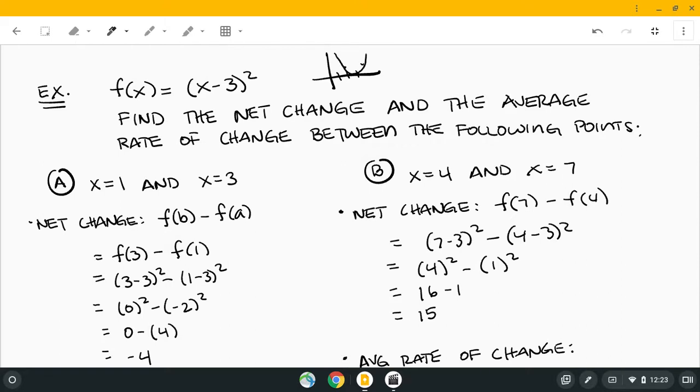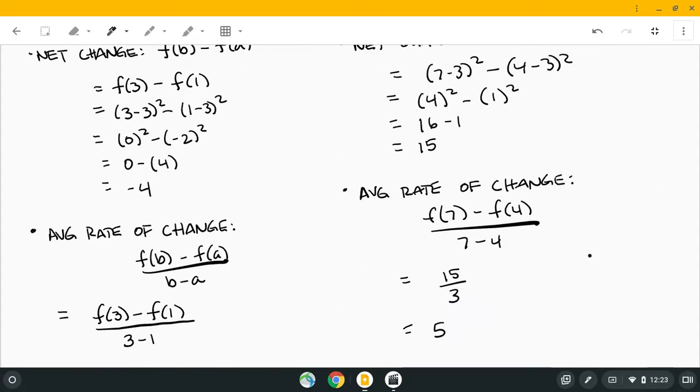And so you can see that, yes, it is decreasing over here and it's increasing over here. And so that's why between 1 and 3, you have those negative results. And then between 4 and 7, you have those positive results.